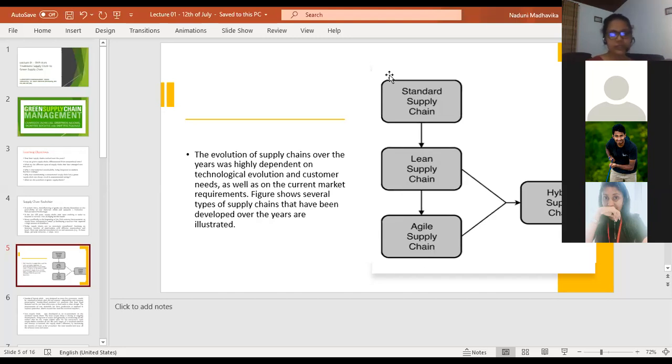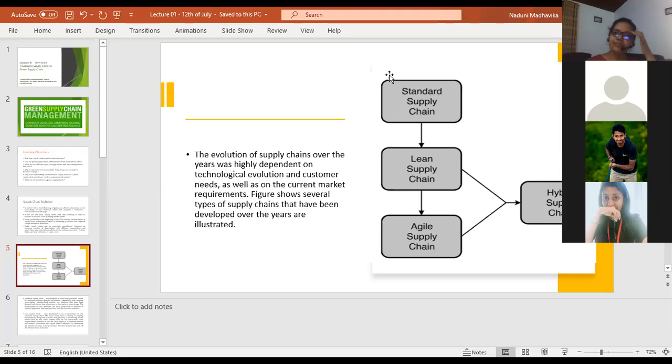In an agile supply chain, the supply chain is organized in such a way that they have the capability of delivering customized products to their customers. Based on the customer requirements, based on the order only, they are producing the product. That is what is meant by the agile supply chain. These are some of the stages in the evolution of supply chain.